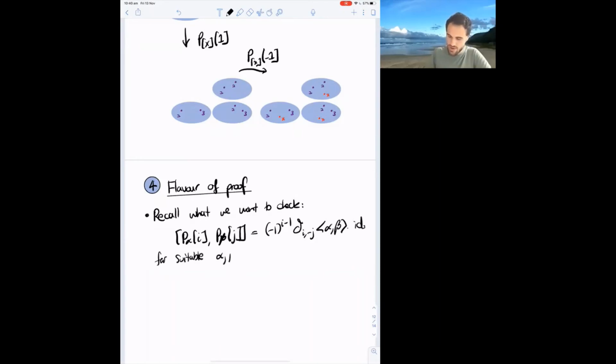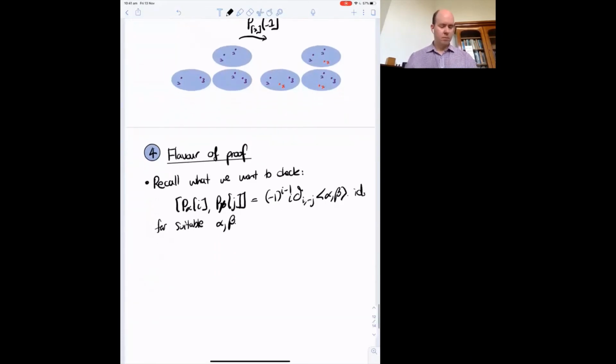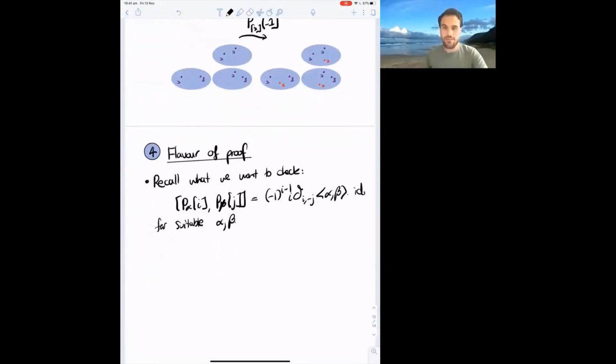There should be an I in there as well. Yeah, quite right. Again, maybe we want to assume that the homology is concentrated in even degrees or something like that. But in general, the degree of alpha times the degree of beta should be even. Okay.